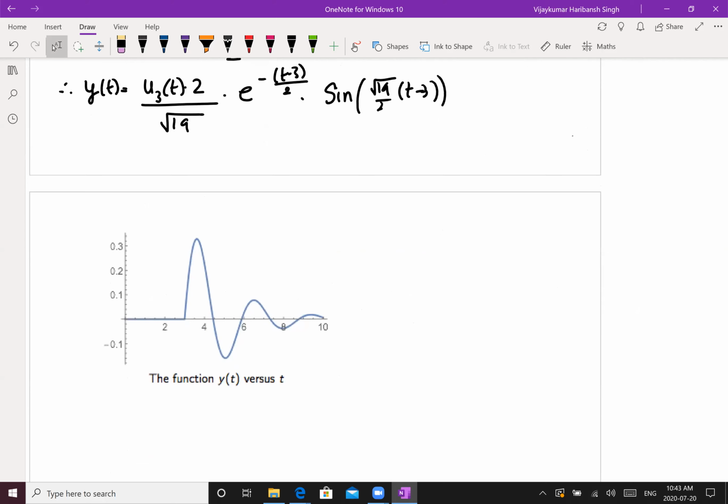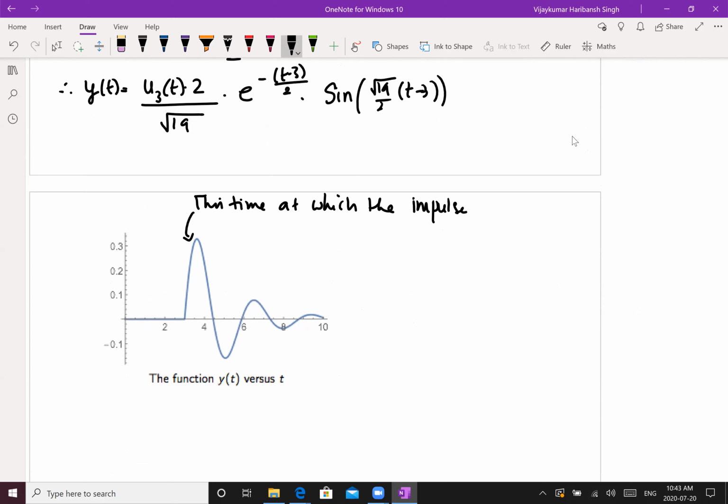Now, if you look at the graph, this is how the solution looks with respect to t. This is the time at which the impulse is applied.